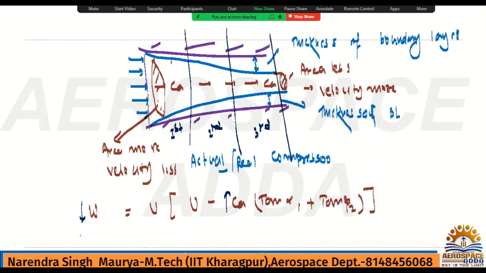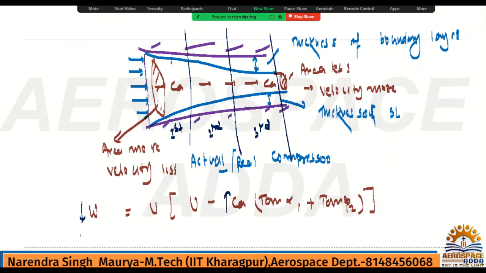Suppose ideally it is absorbing 100 kilowatt of work, but in reality it will not be 100 kilowatt. Why? Because CA will be increasing, so work will be reducing. So instead of 100, it may be 80 or 90 kilowatt.